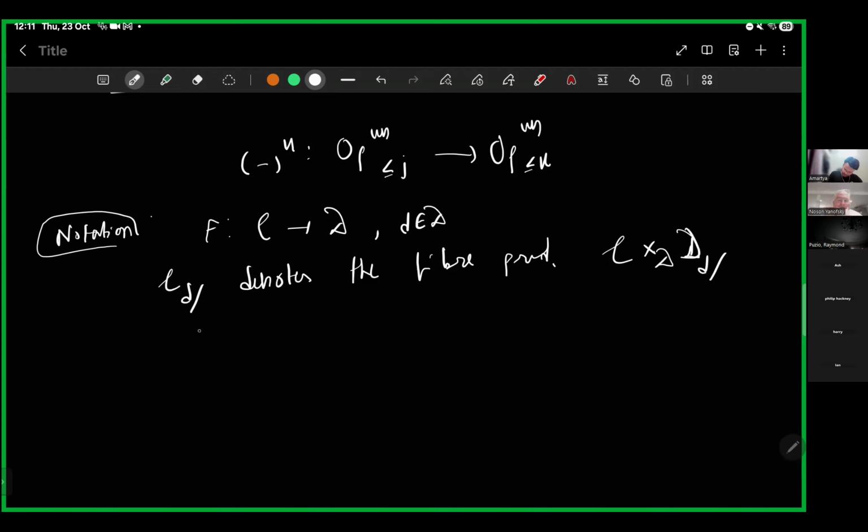Similarly, C_{/d} denotes the fiber product, which is like the over category.